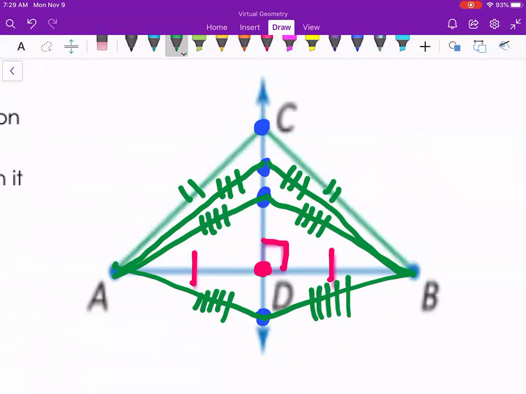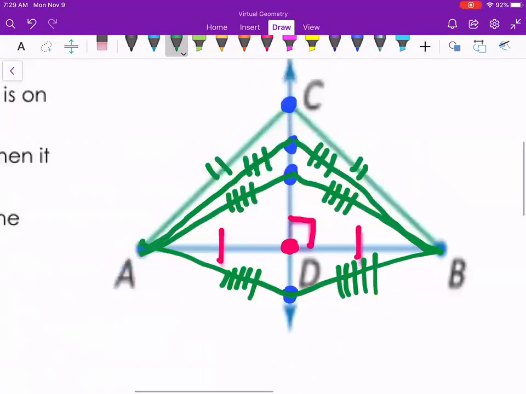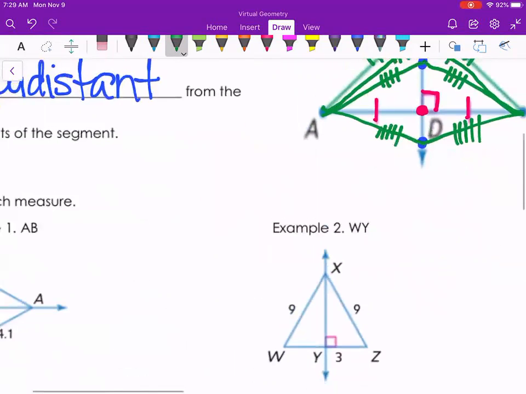So no matter where that point is drawn on that perpendicular bisector, it is always equidistant to the ends. It's the same distance away because that line is sitting in exactly the middle of that segment. So it's always going to be the same distance out to the ends. And that's what that theorem is saying.